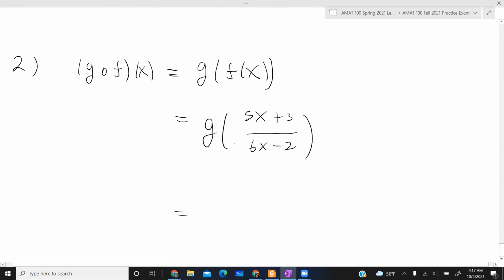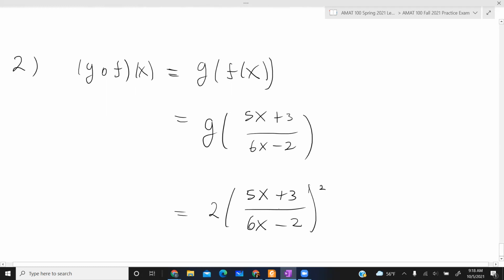Now you have to look at the formula of g, which is just 2x squared, and wherever you see an x, replace it by this fraction right here. So we get 2 times ((5x plus 3) over (6x minus 2)) all squared.